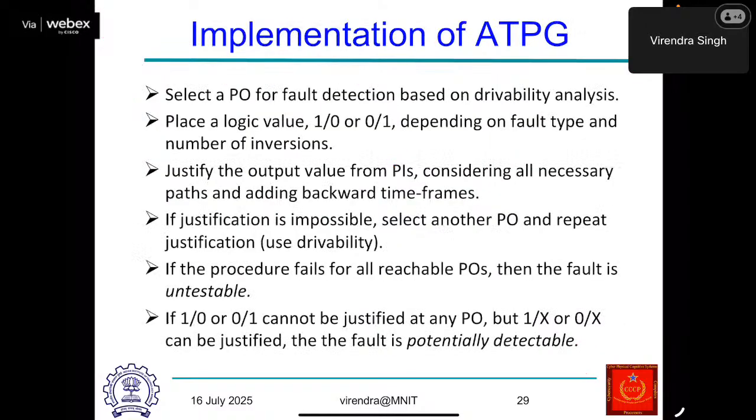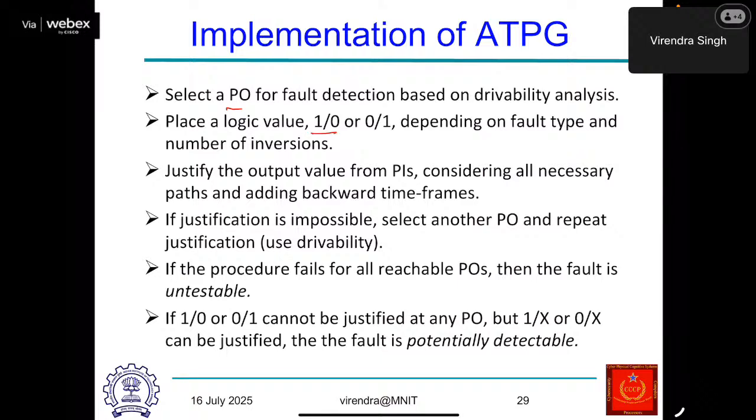So when you want to develop the ATPG, you have to select one of the primary outputs for the fault detection based on drivability analysis. Perhaps maybe we can discuss later.